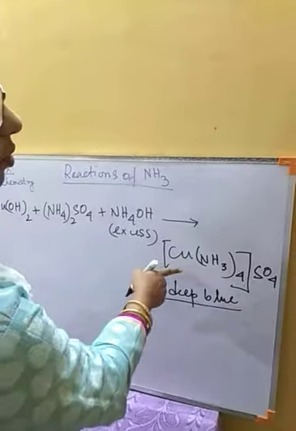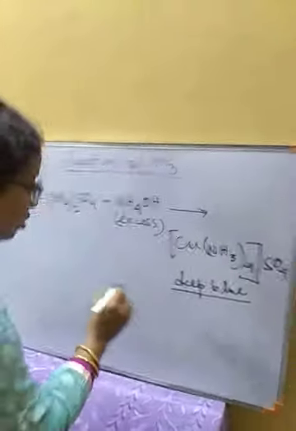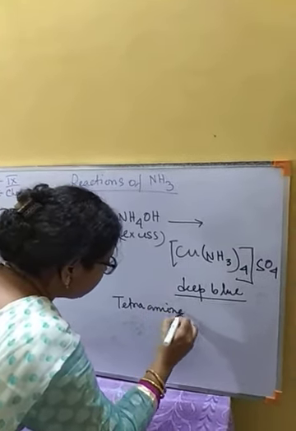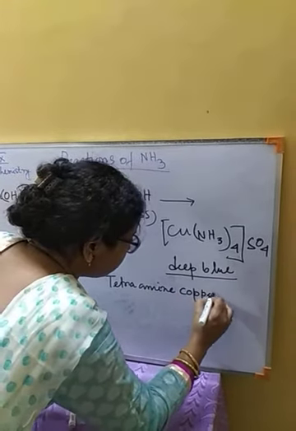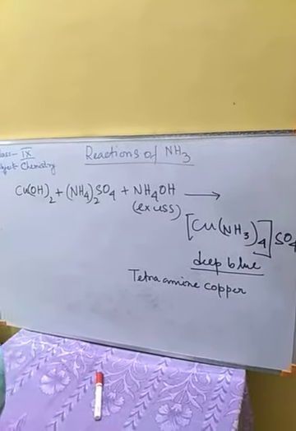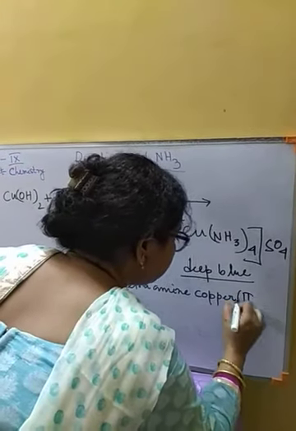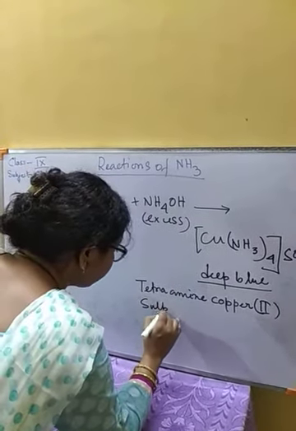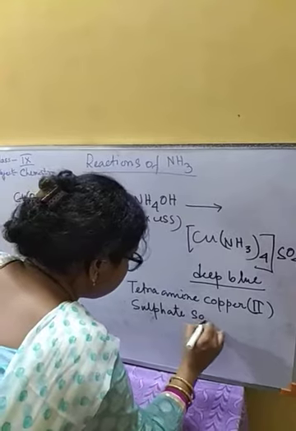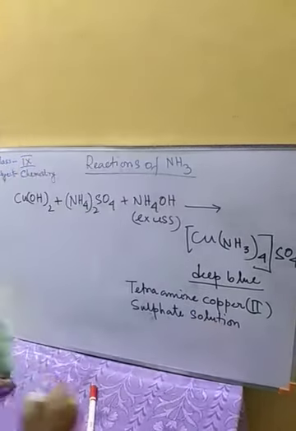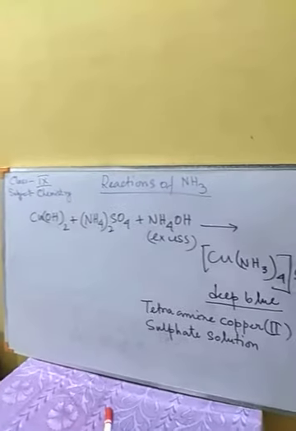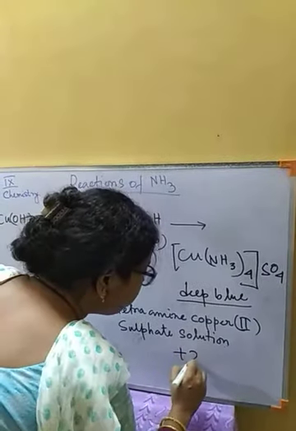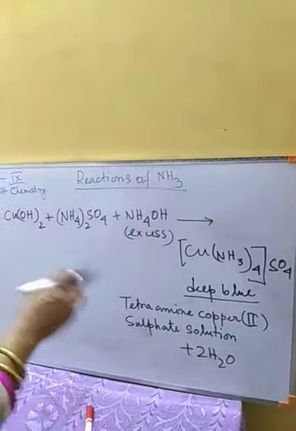This is called tetraammine copper(II) sulfate solution, which has copper in the +2 form. So, tetraammine copper(II) sulfate solution. This is deep blue in color. Along with this, two water molecules will be produced, 2H2O. So this is the reaction.